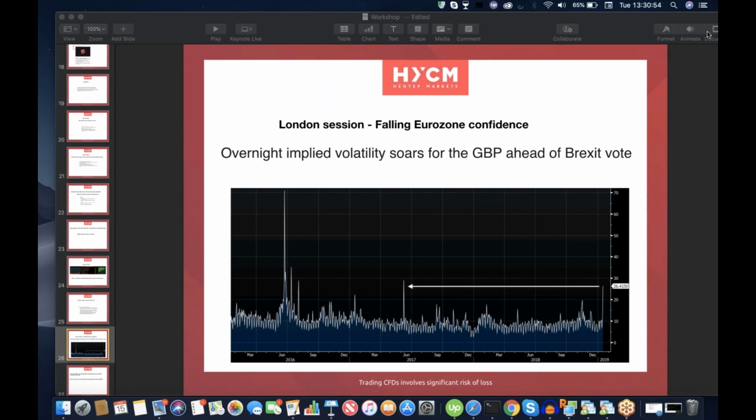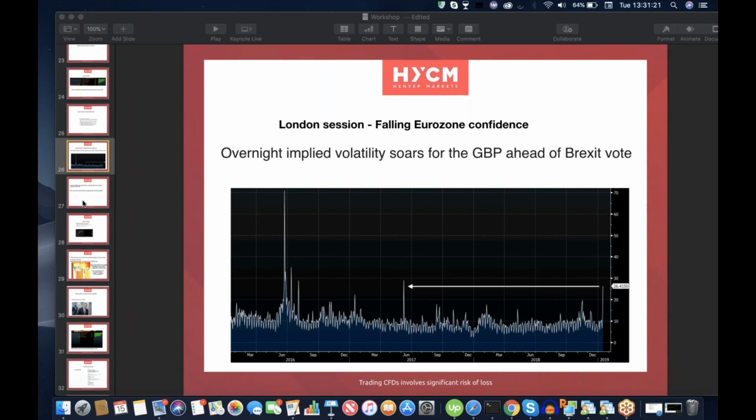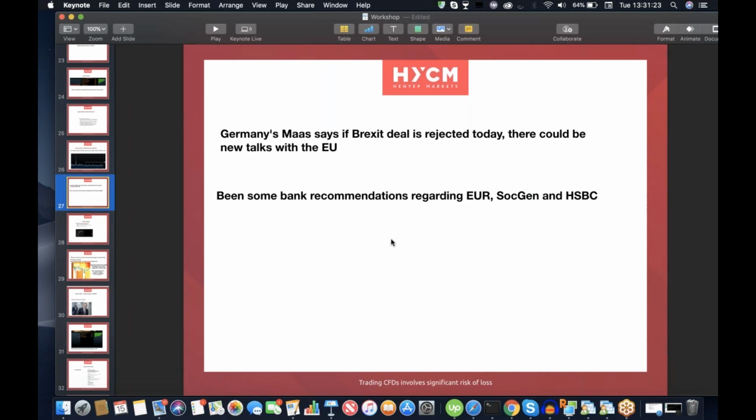That tells you that option traders are expecting a very volatile day in the pound, and we're certainly looking at a 1% move on the pound US dollar just for today, in relation to this options implied volatility. So that's just telling us there's a lot of risk in the market.